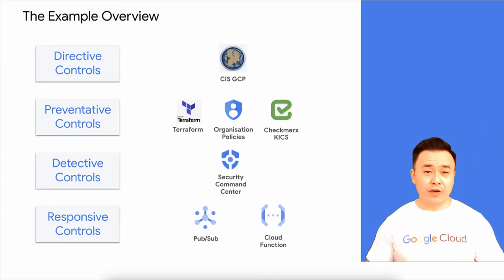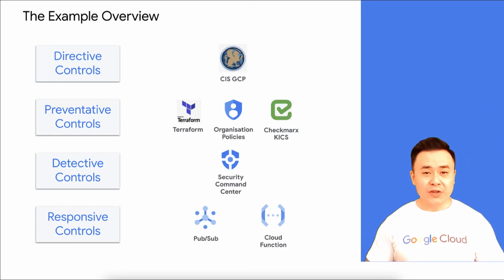Here's the overview of our example. For the directive controls, we will use one control from the CIS Google Cloud Foundations and apply a simplified control mapping exercise. For the preventative controls, we will use some Terraform code to deploy an infrastructure, and we will use an open source project called Keep Infrastructure Code Secure, KICS, from Checkmarx to run our security scan to look for any bad implementation from our Terraform code.